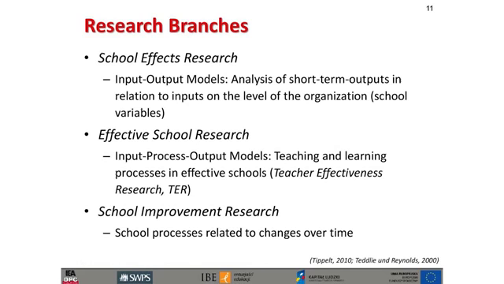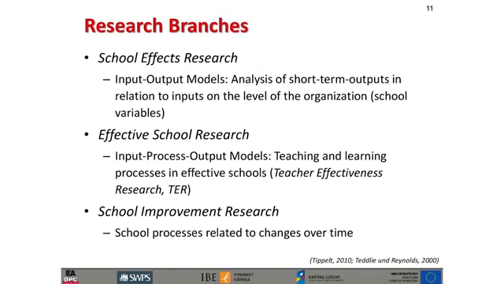I mean, the naming conventions are very similar, however, they really differ in terms of methods and analysis focus. So the school effects research was the very early branch which was focused on input-output models using more quantitative approaches and analyzing short-term outputs in relation to inputs on the level of the organization. So they included mainly school-level factors.